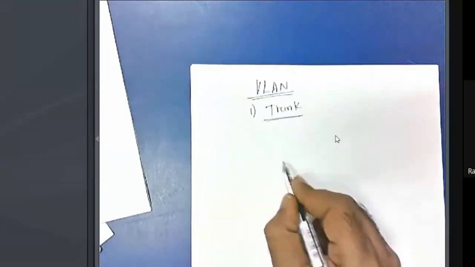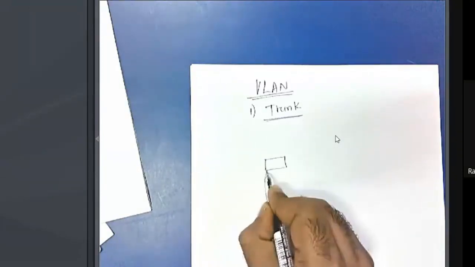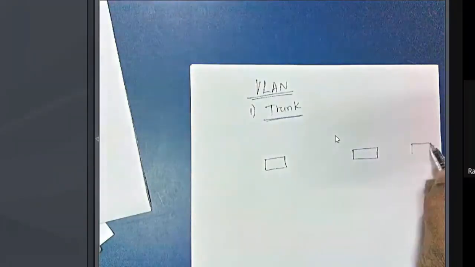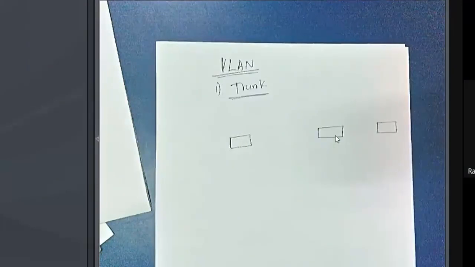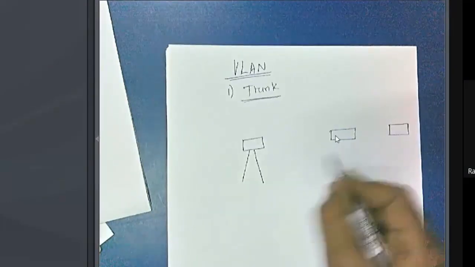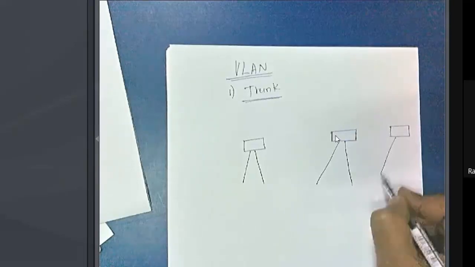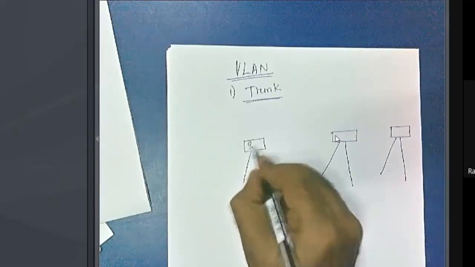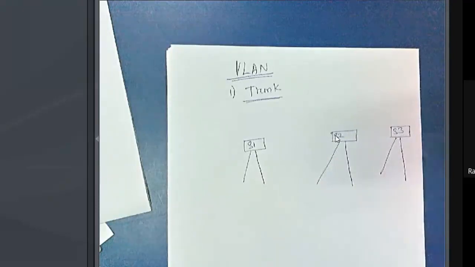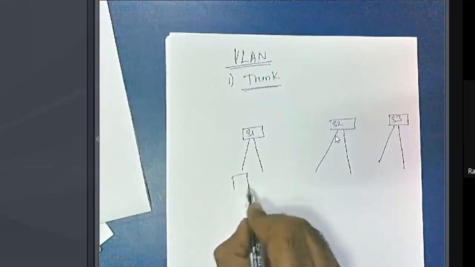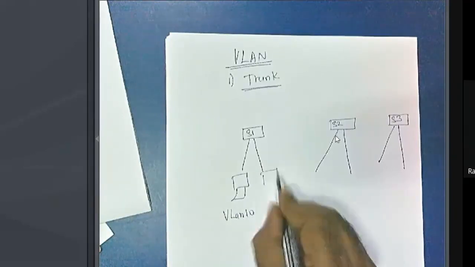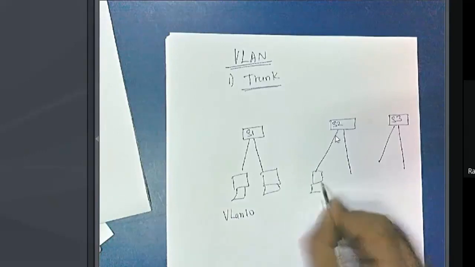See, this is one switch, this is another switch, and this is another switch. There are three switches here. Here I have two PCs, here two PCs, here two PCs. Let it be S1, S2, S3. Now the first PC is in VLAN 10.